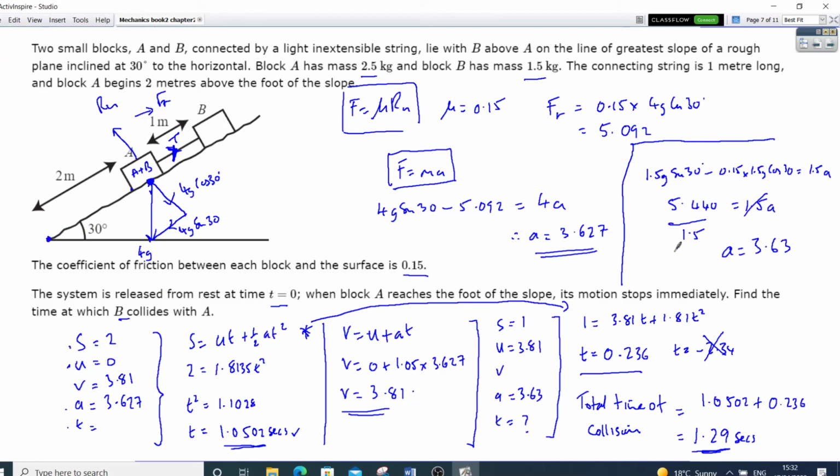Then we recalculated the status of B, and the final velocity became the initial velocity for B. We worked it out with our calculator and found that it would take 0.236 seconds for B to collide with A. So the total time for B to collide with A is 1.05 plus 0.236, which gives a total time of 1.29 seconds. Okay.